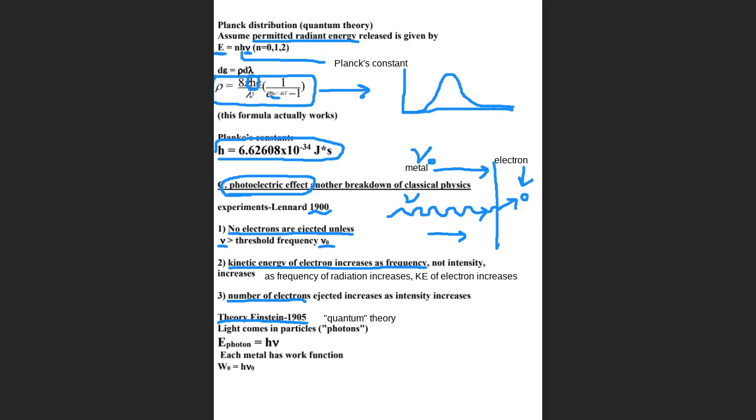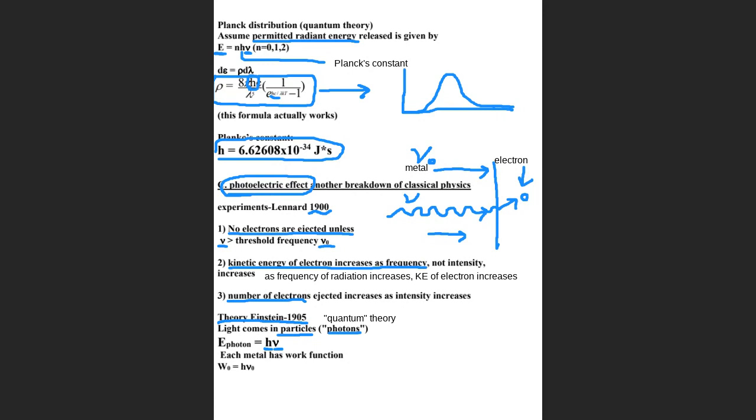Instead, we think about light as a bunch of tiny little rocks called photons. The energy of the photon is equal to Planck's constant times the frequency of radiation.